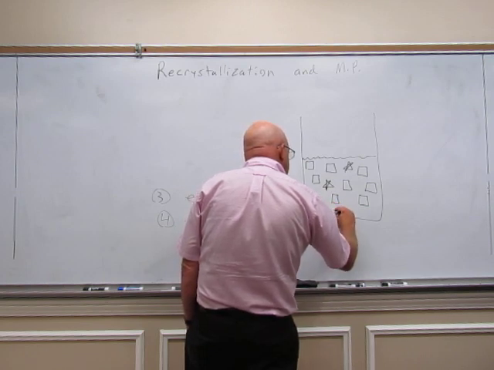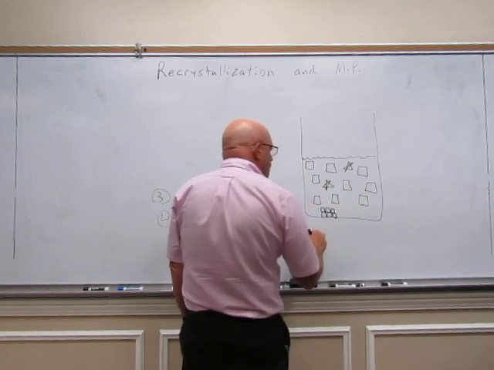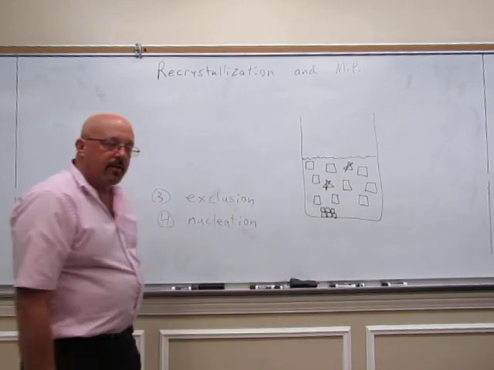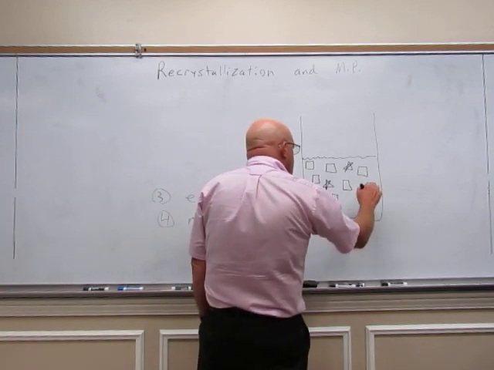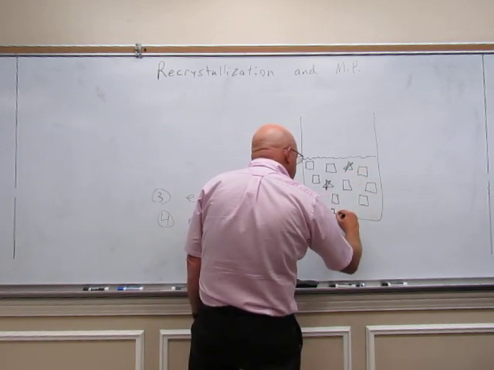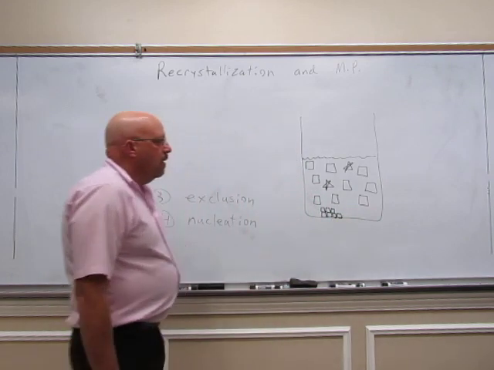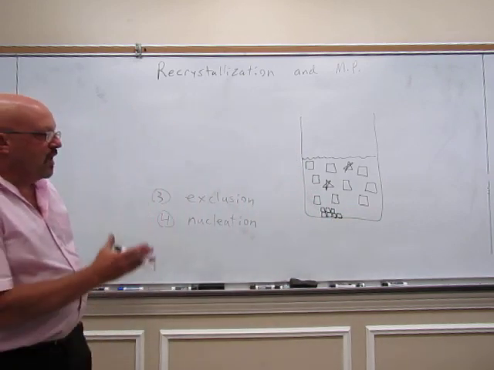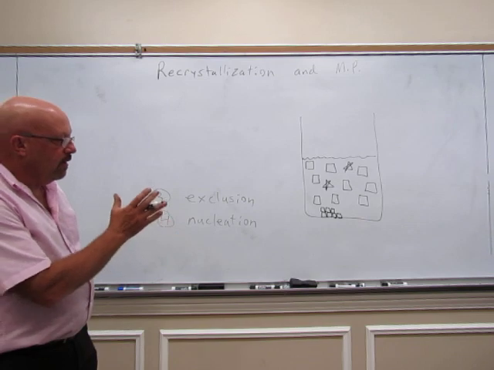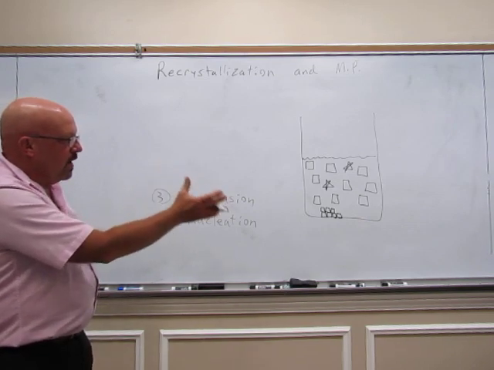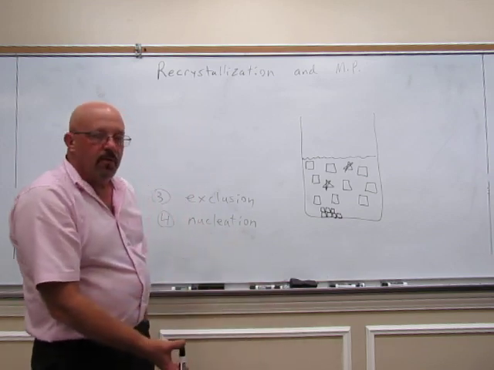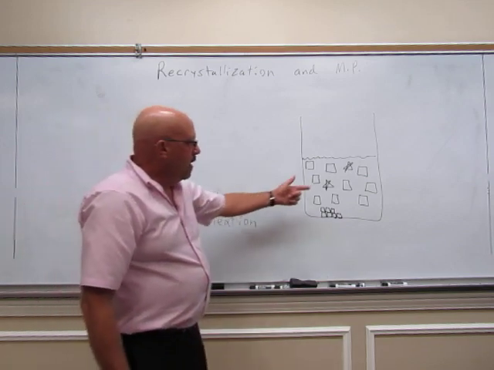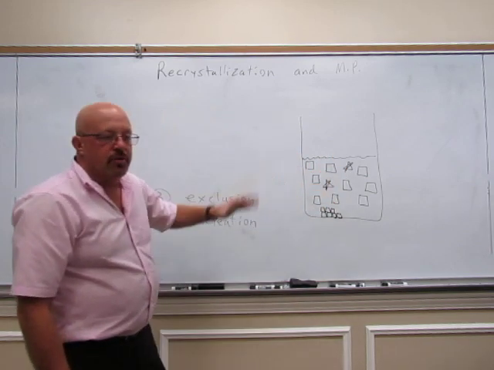We get little crystals starting to grow here on the bottom or maybe on the sides. And then another square will come in here. So whichever compound there is a majority of, and there's a majority of the squares here, that's the one that's going to come out first. The impurities will stay in solution.